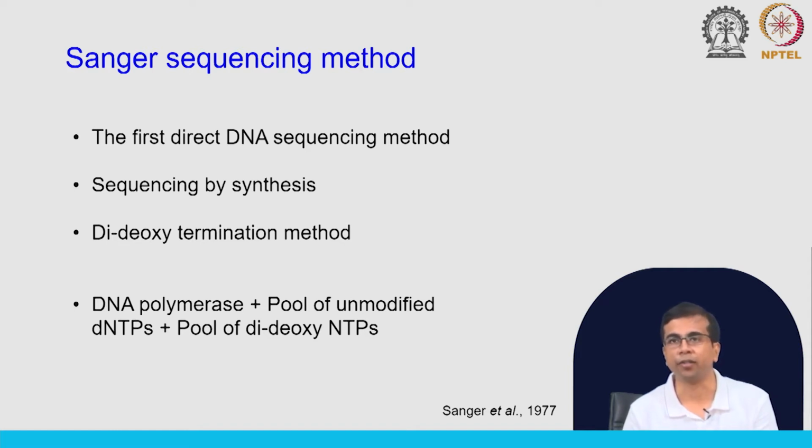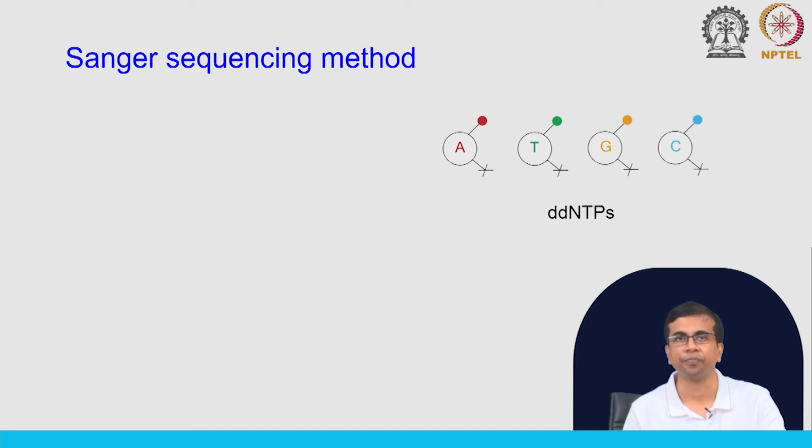Further extension will be blocked and then some other process will be done. Now, what should be the ratio of the unmodified dNTPs and the dideoxy NTPs? There are specific ratios that we have to follow, depending on the length of the molecule that we are sequencing.